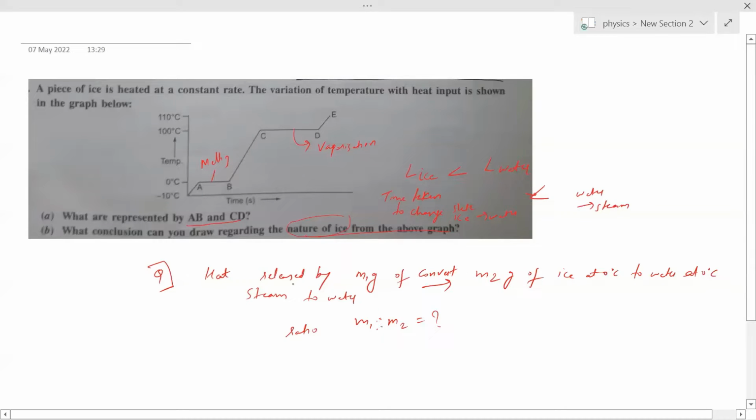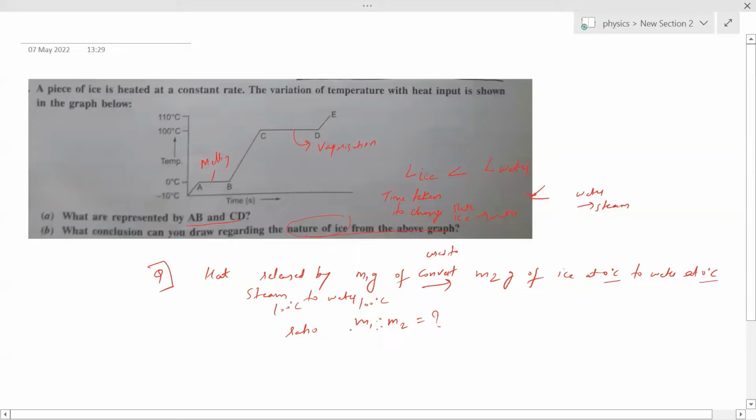You understood the question? The heat released by m1 gram of steam at 100 degrees Celsius to water at 100 degrees Celsius is used to convert m2 gram of ice at 0 degrees Celsius to water at 0 degrees Celsius.